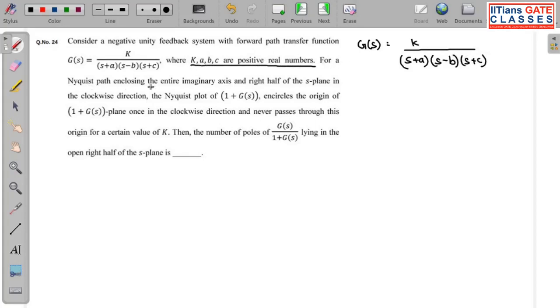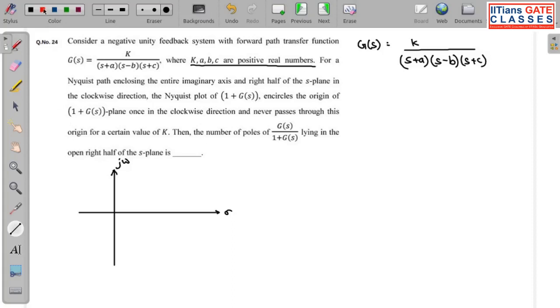For a Nyquist path enclosing the entire imaginary axis and right half of S plane in clockwise direction. So they have given you this Nyquist contour also. They are also telling you about the Nyquist contour.